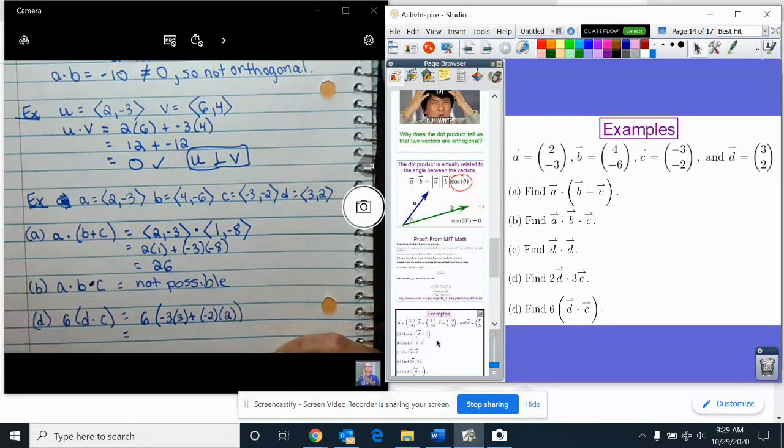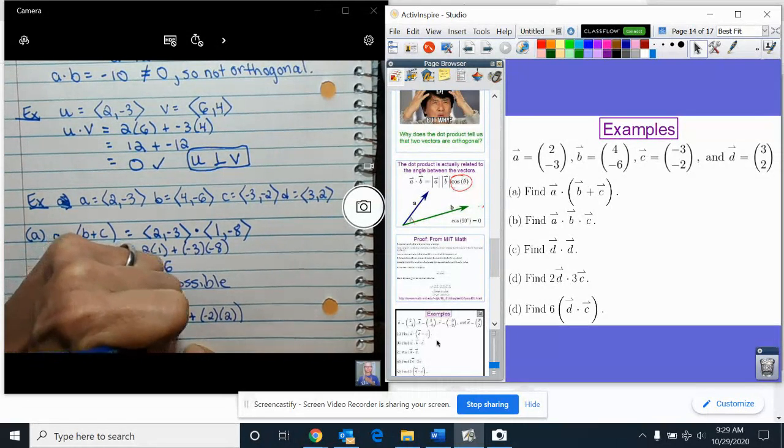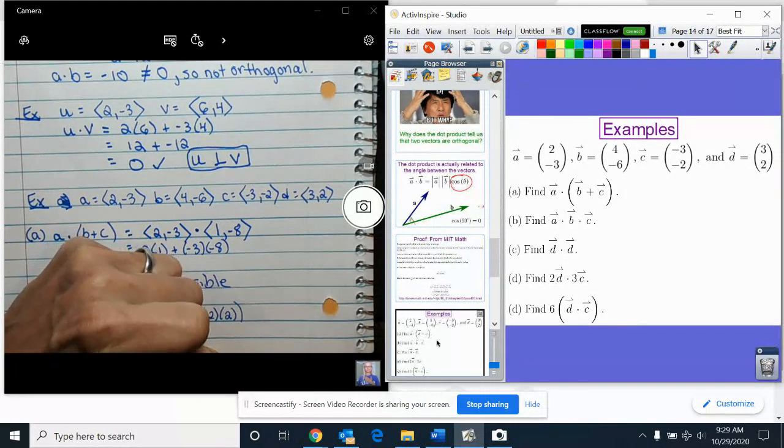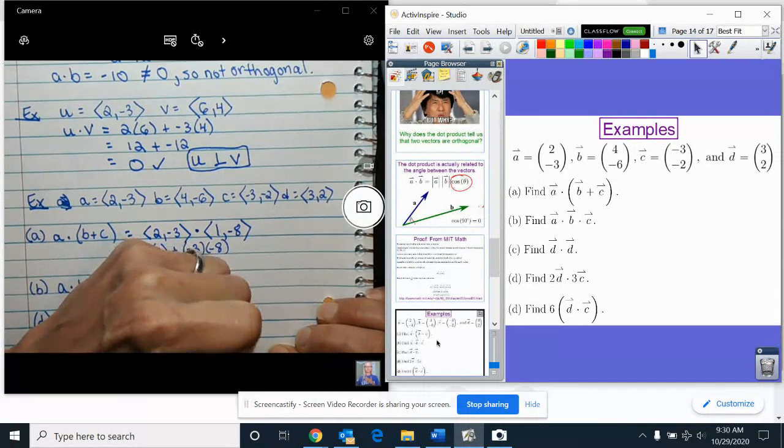So that is the same as 6 times -9 plus -4. And what is 6 times -13? We get -78.